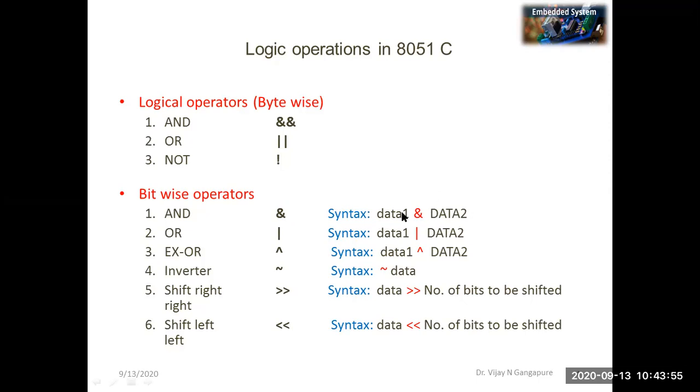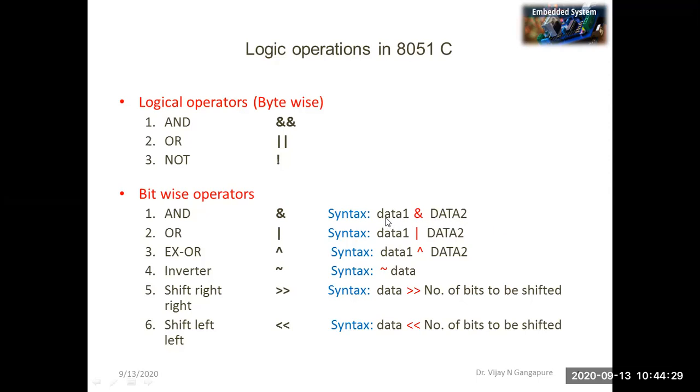It will take bit D0 from data 1 and bit D0 from data 2, and perform the AND operation, and whatever result it gets, it will store in the resultant byte at the place of bit D0. Similarly, it will do the AND operation between bit D1 in data 1 and bit D1 of data 2, and place the result in the position of bit D1 in the resultant byte.